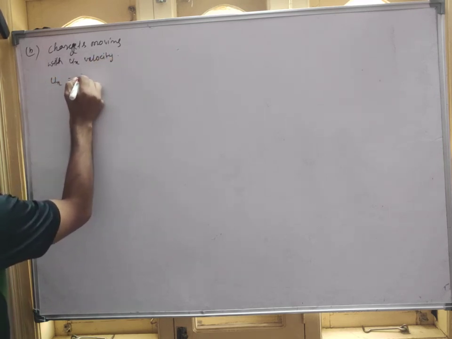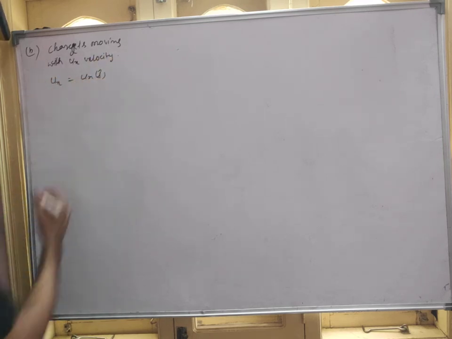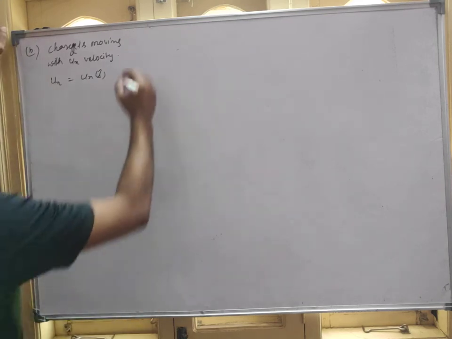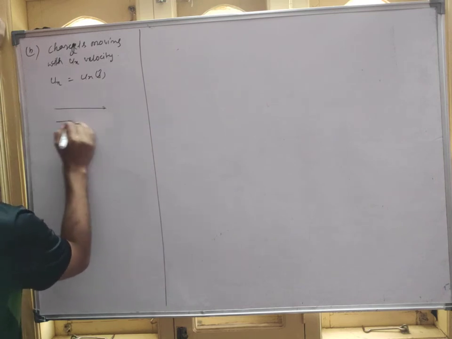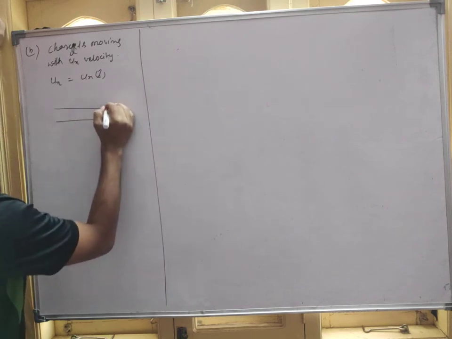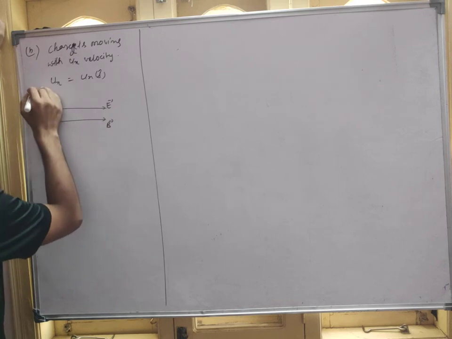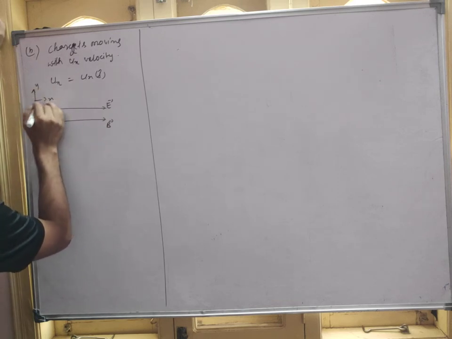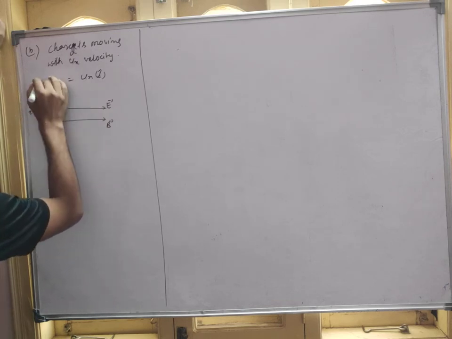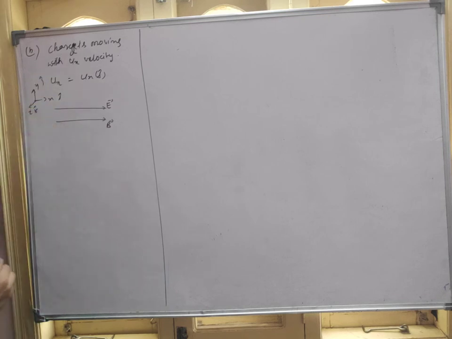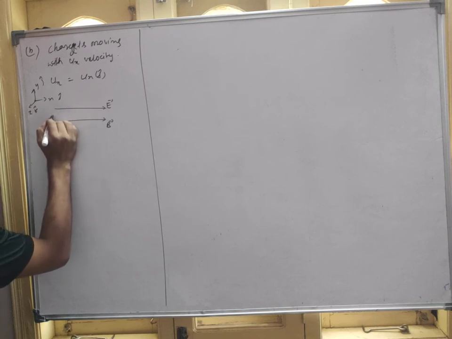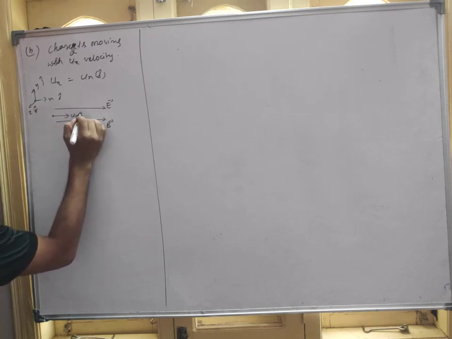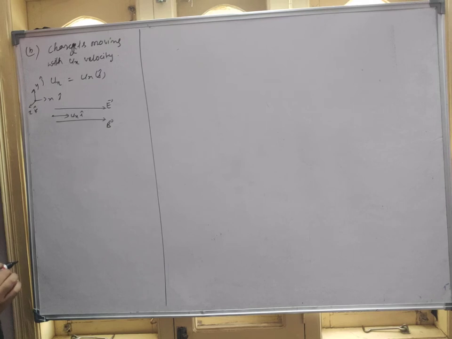Ux means ux I cap. Okay, ux I cap means it is moving only in the x direction, right? So again the fields are parallel. This is the magnetic field, this is the electric field, right? This is y, x, z, I cap, j cap, k cap, right? Okay. So the charge is here somewhere and the charge started moving with some velocity, let's say ux I cap. Ux I cap means the velocity is in the x direction, right?